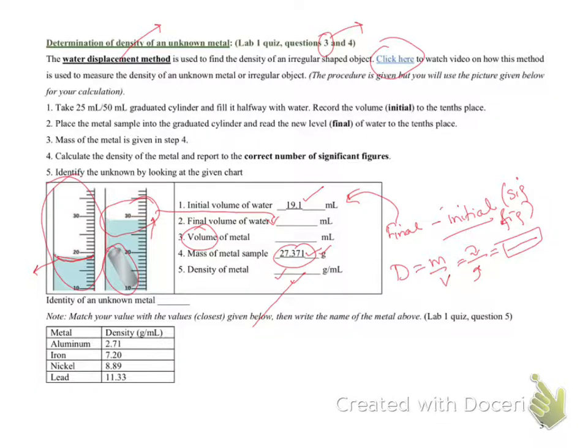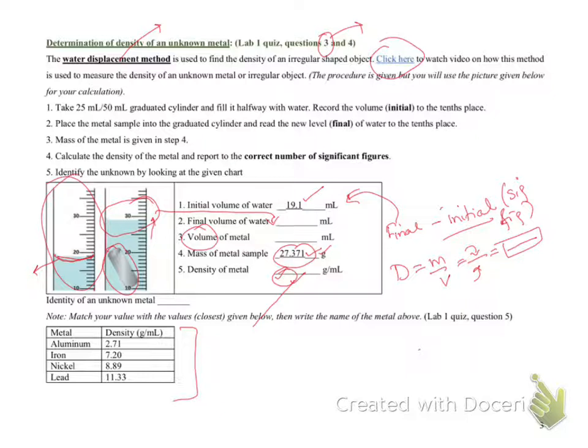Once you found the density of the metal, what you have to do is compare your density with the different metal densities given here. So let's assume your answer, you will never get the exact answer. You can, but in reality, when you're doing the experiment in the lab, due to so many possible errors, you don't get the exact value, the one given in the literature.